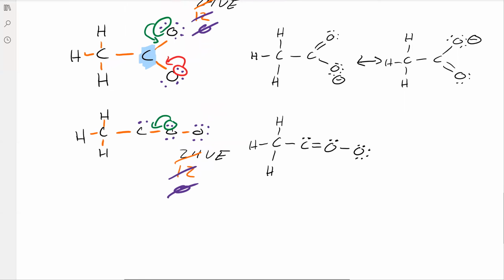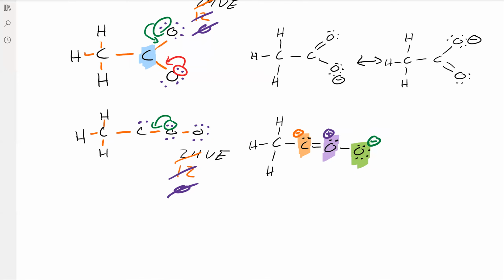Next thing we want to do is calculate the formal charges. Go ahead, pause your video, try to calculate the formal charges. What you should end up with here is a formal charge here of -1. Formal charge here, let's see, 6 minus 2 minus 3 is +1. And then a formal charge here of -1.